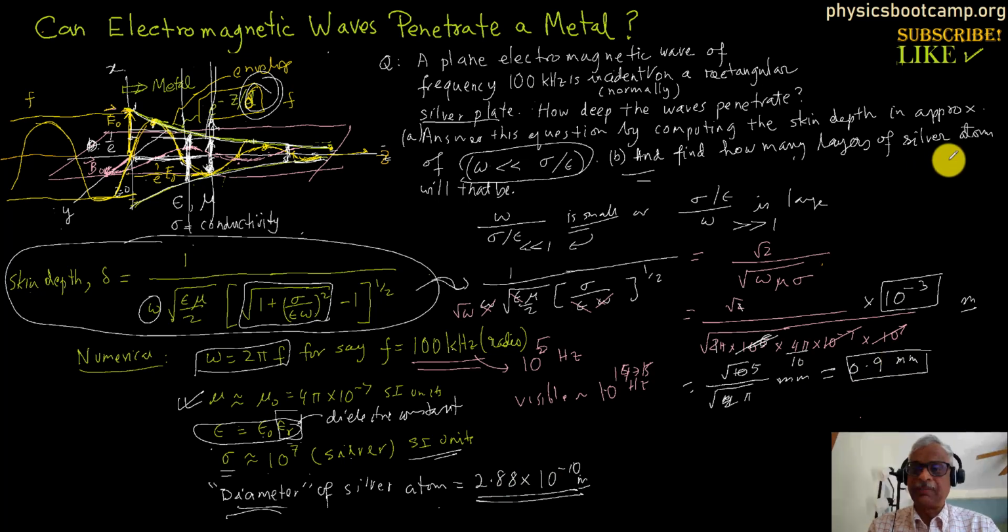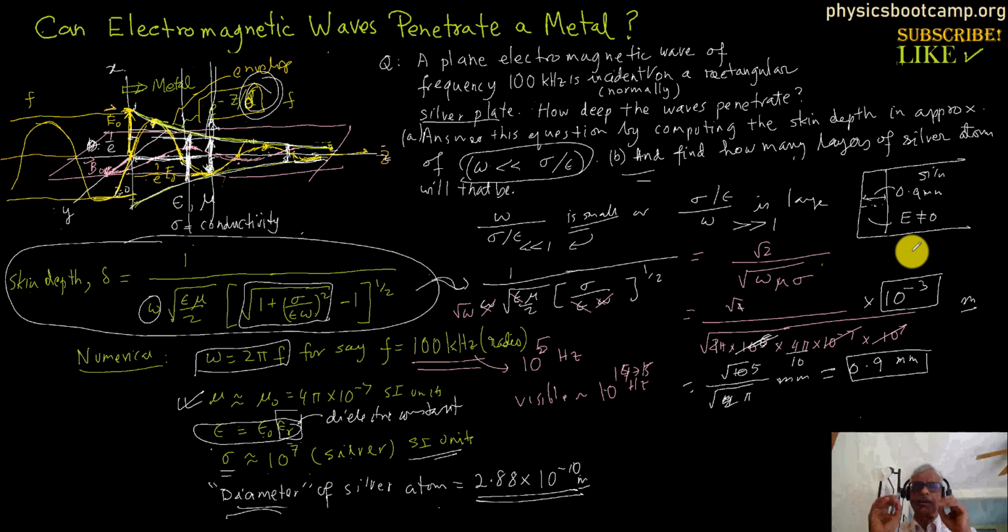So here is a silver. So from here to here, this is 0.9 millimeter. So electric field is not 0 inside the metal. You might have heard a phrase that electric field is 0 inside a metal, and that only is true in electrostatics, when the electric field is static.